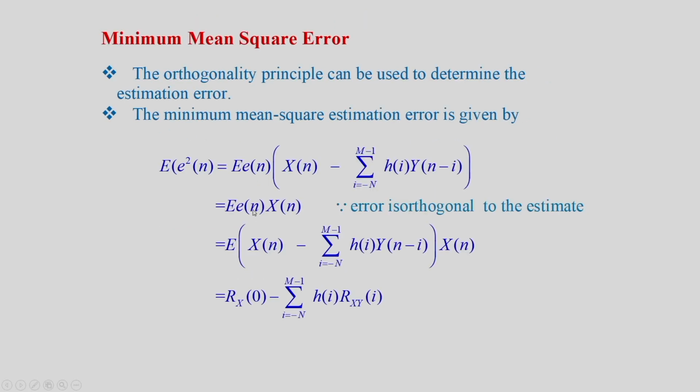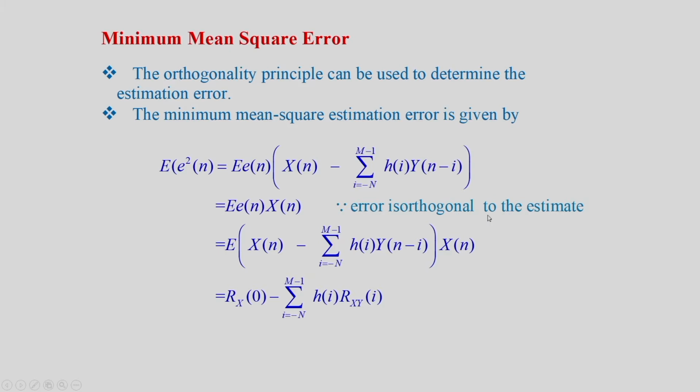Now, this orthogonality principle can be used to obtain the estimation error, because the minimum mean square error is given by this expression E of e squared[n]. Then we can write E of e[n] into e[n], which can be expressed like this: x[n] minus the summation h[i] y[n-i], i going from -N to M-1. Now, note that this part is orthogonal to error.